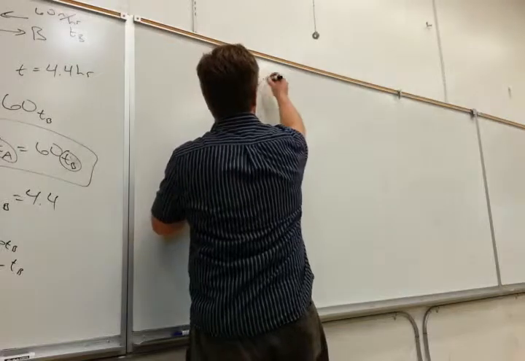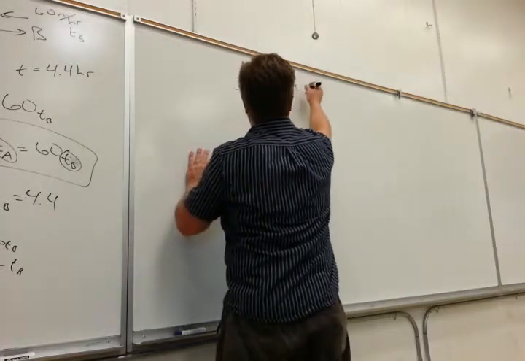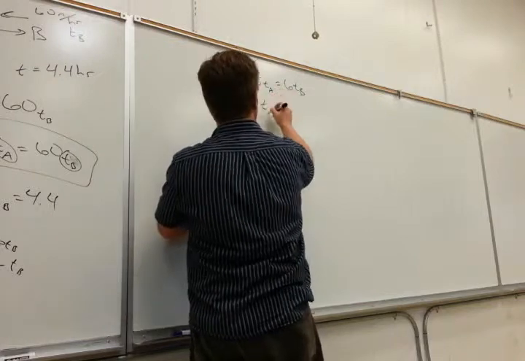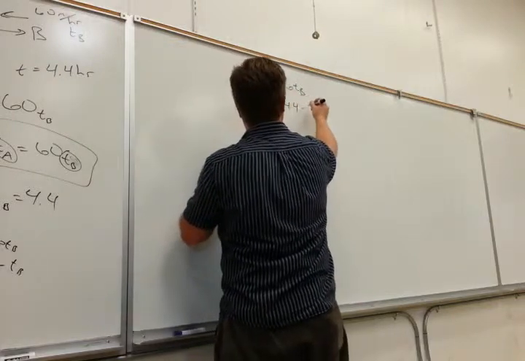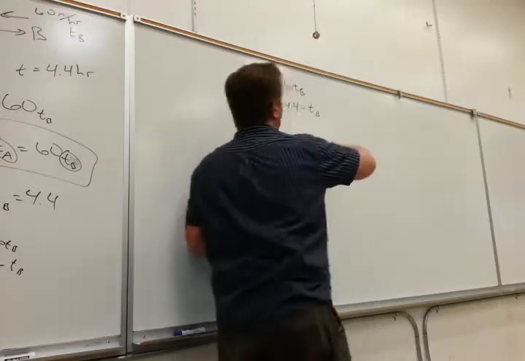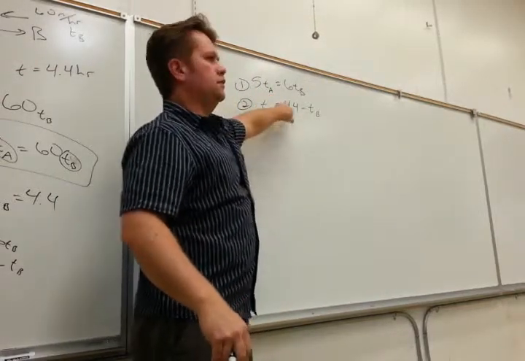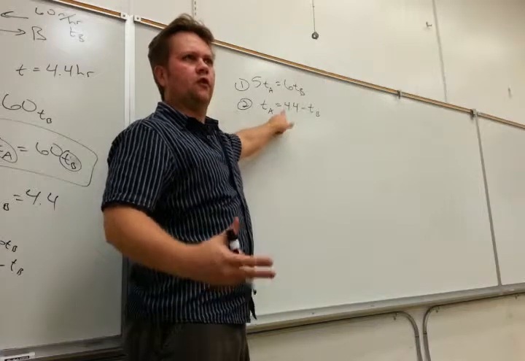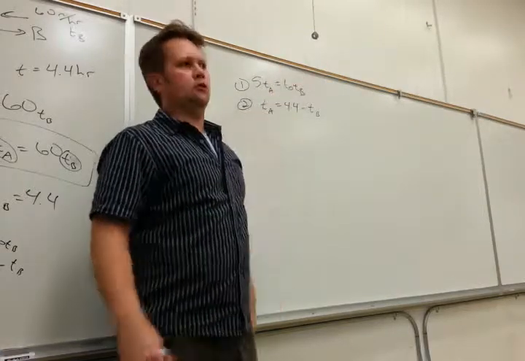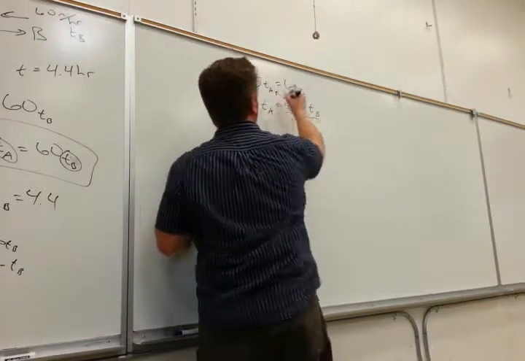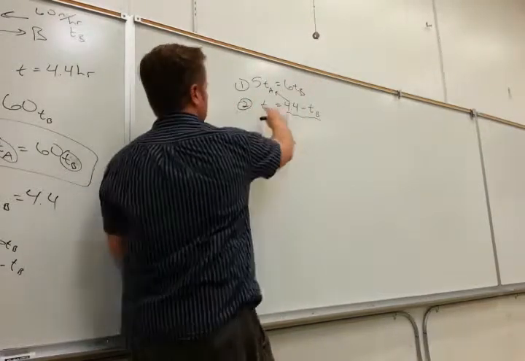Let's see. So I got this, and I've got... now, you could divide by 5 and solve for TA, but I find that most of the time students think to do this first, primarily, so it doesn't matter which way you go. So now all I have to do is plug this in there, because that's what TA is.